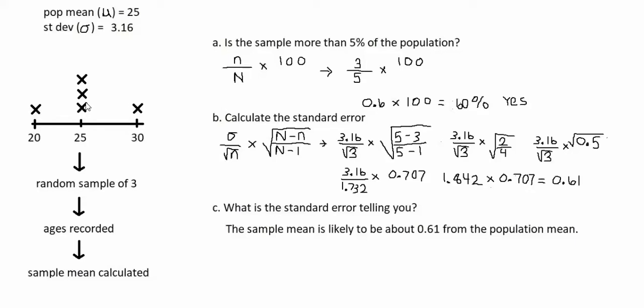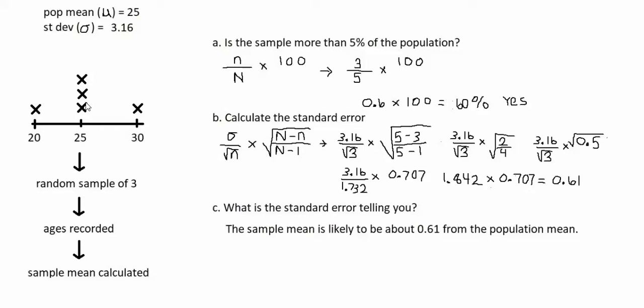If the standard error comes out to a small number, then we'll say that the sample mean is likely to be close to 25. If the standard error comes out to a large number, we'll say that the sample mean is likely to come out far from 25. So remember that the standard error gives you an educated guess of how much error will occur in a random sampling situation.